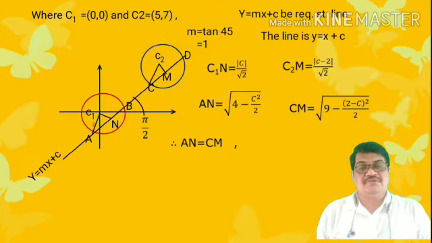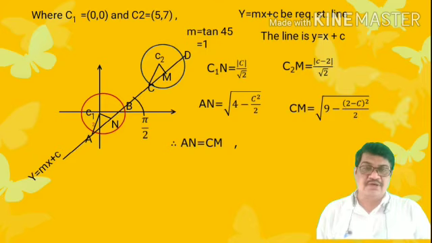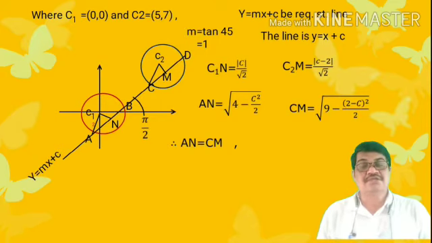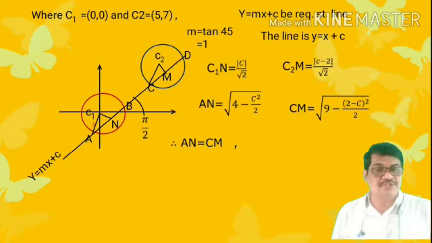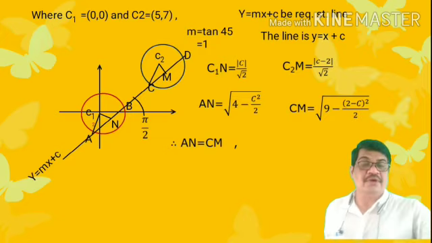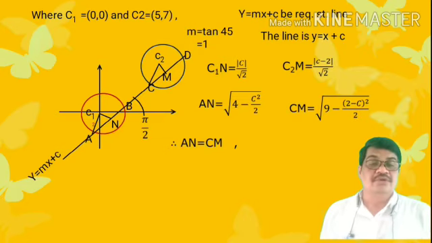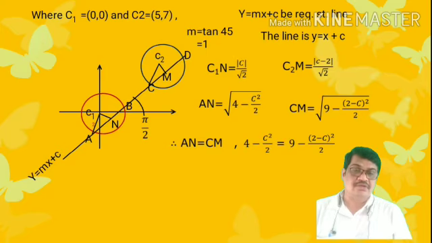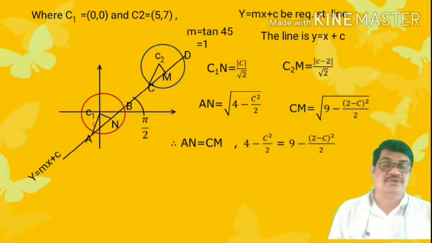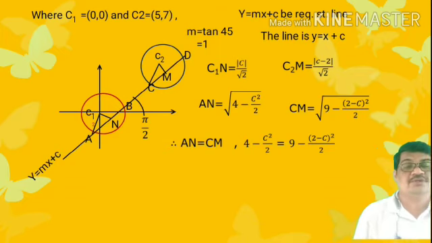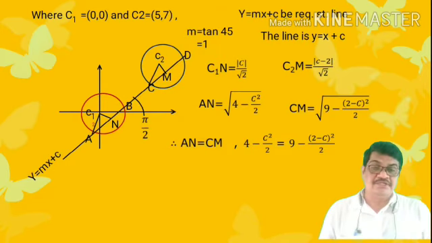So AN is half of the first circle's intercept, and CM is half of the second circle's intercept. These two are equal. Now we equate AN and CM. From that we get 4 minus c square by 2 is equal to 9 minus (2 minus c) whole square by 2. So AN is equal to CM.